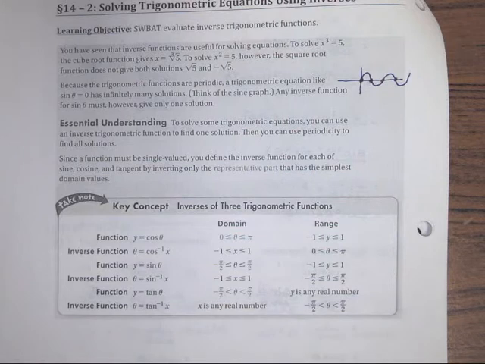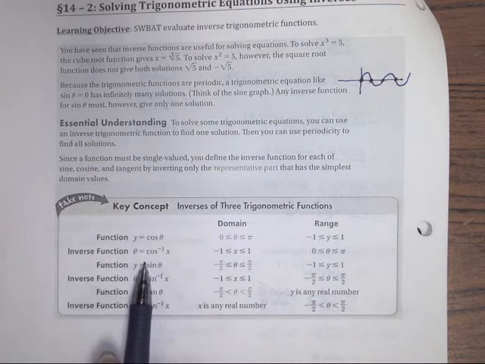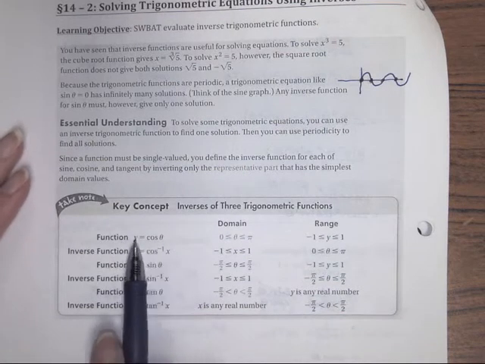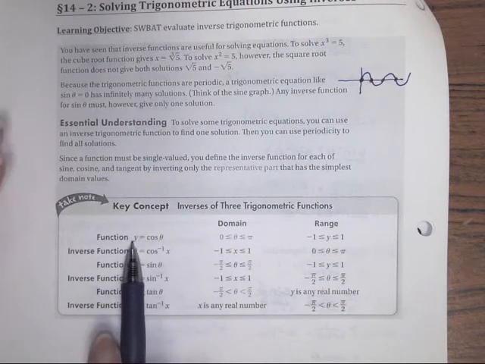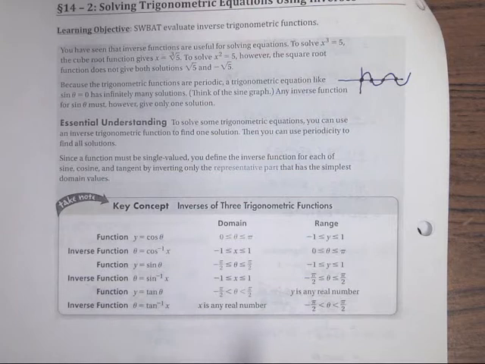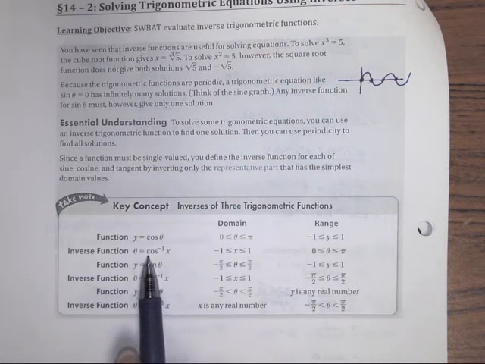And do you remember when we were finding inverse functions, you switch x and y, and then you solve for the new y? That's what this is. Well, you'd have to switch theta and y, because that's really what you're switching.